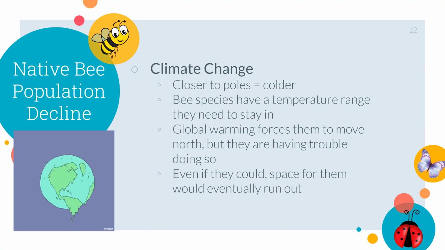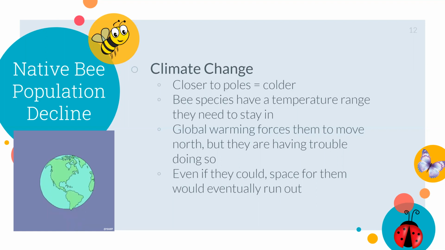So one way it's affecting bees is it's causing flowers to bloom earlier while these bees are still in hibernation. But by the time the bees come out of hibernation, the flowers are already dead because they bloomed early, since it was warmer earlier. So they're left without food.